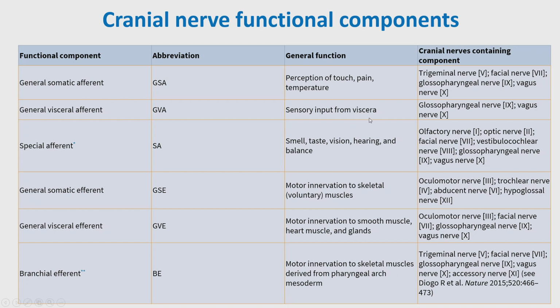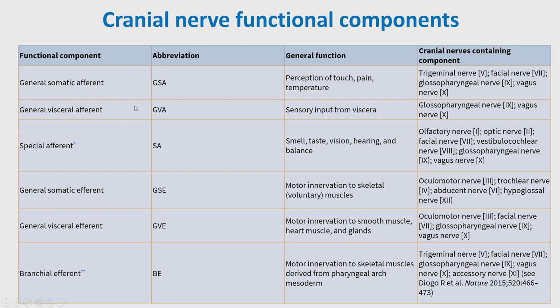Viscera means organs. So if you have a heart attack, you have a pain. This pain is coming from the heart, from the viscera. From the appendix, you also have a pain. This pain is coming from an organ, so it's not somatic. It's the general visceral afferent.